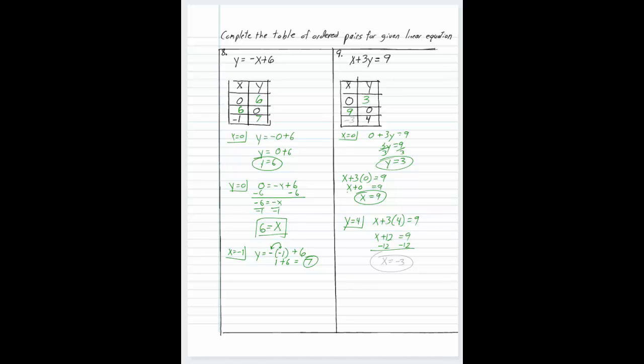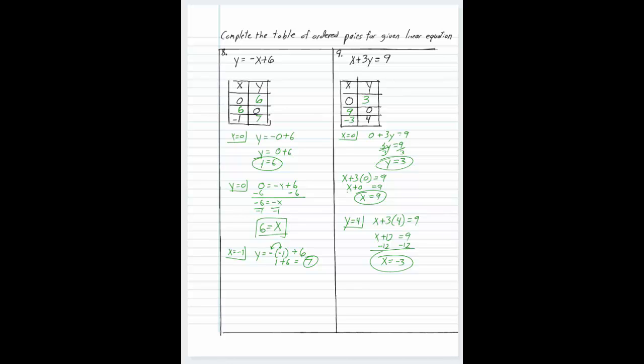When y is 0, we get x equals negative 2 times 0, which is still 0. And now I see that x is equal to 4. So when x equals 4, this becomes 4 equals negative 2y, divide by negative 2, and y is equal to negative 2.